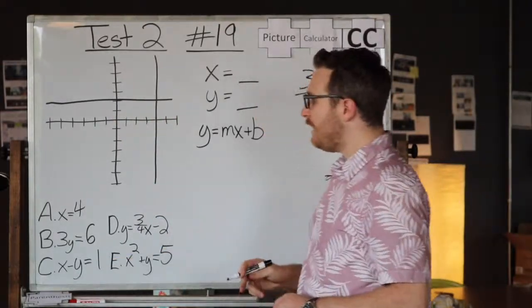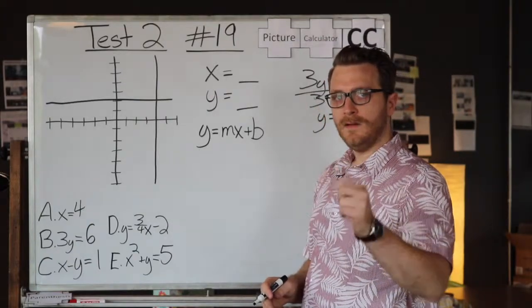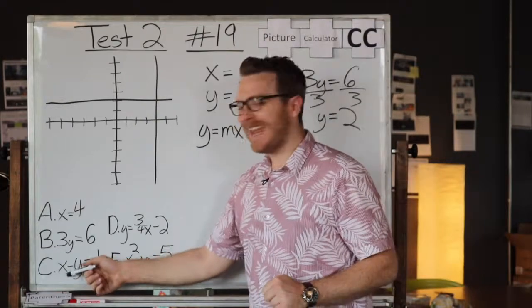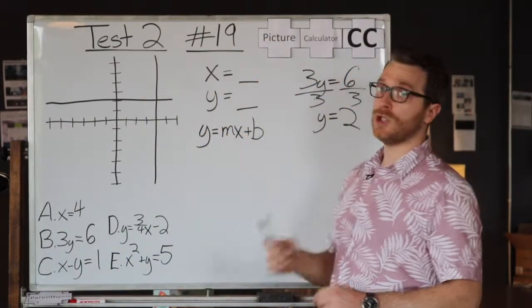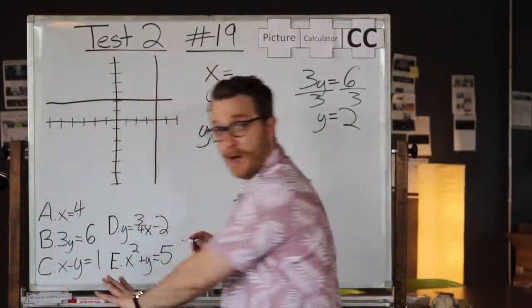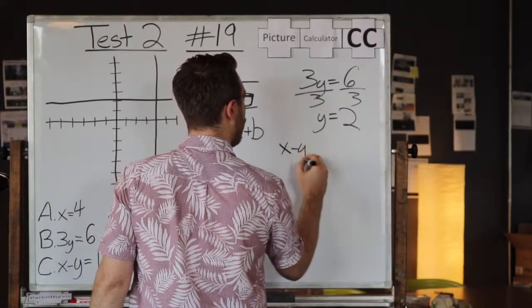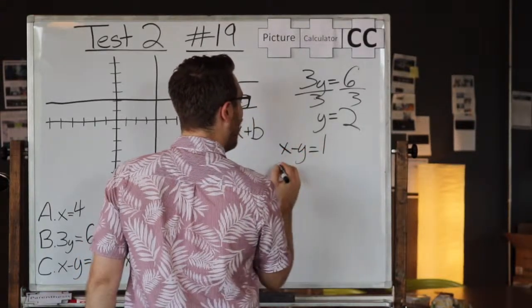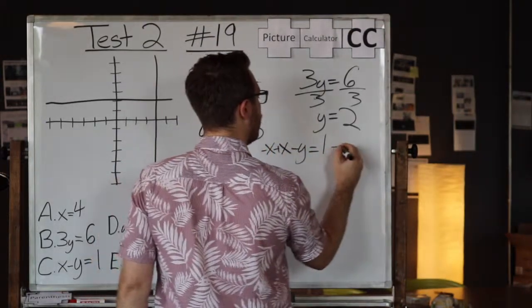I have x minus y equals 1. I have x and y in here, so I can't use one of these first formulas for a line. I have to use slope-intercept formula. So what I'm going to do is move this around to look more like slope-intercept formula. I have x minus y equals 1. I'm going to subtract x from both sides.